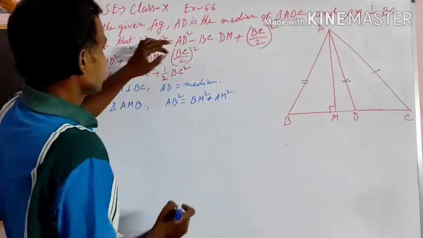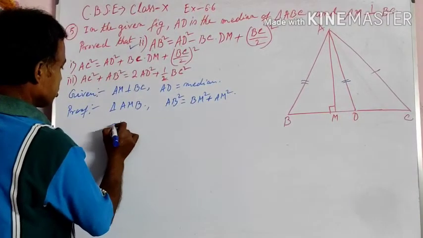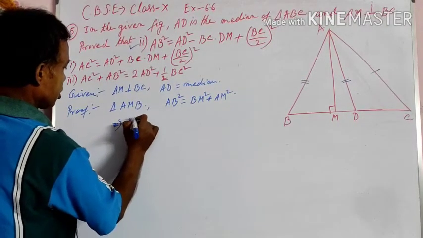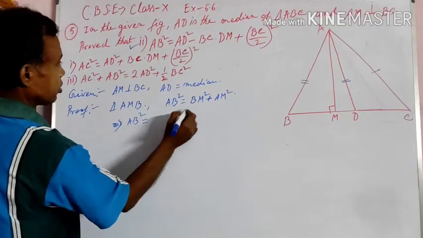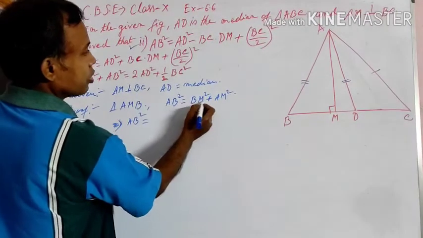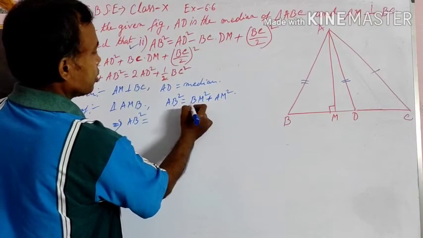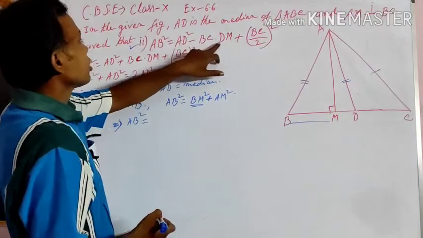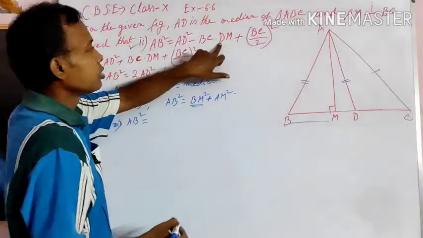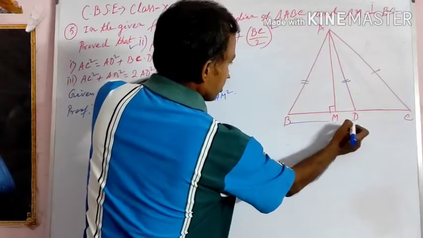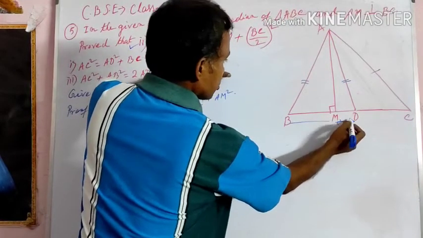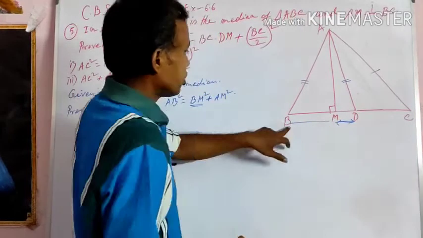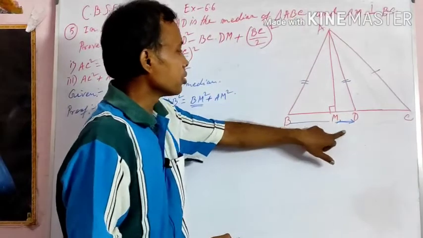So AB square is equal to BM square plus AM square. In the proof there is no BM, there is DM, this distance. So BM will be replaced by DM.